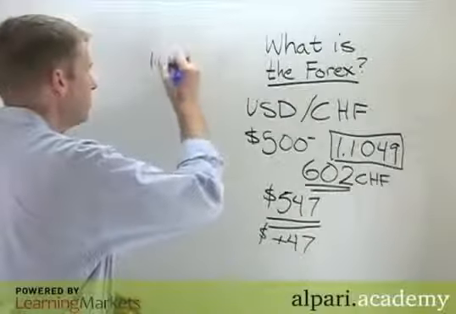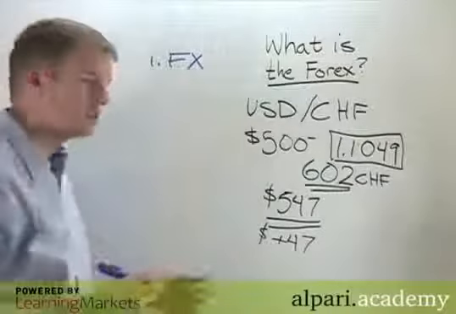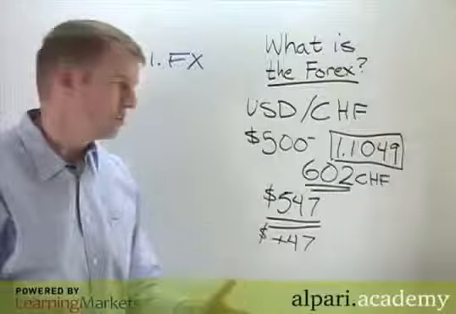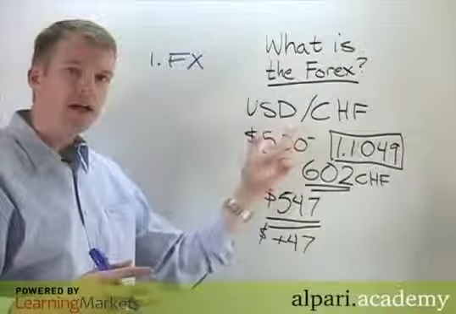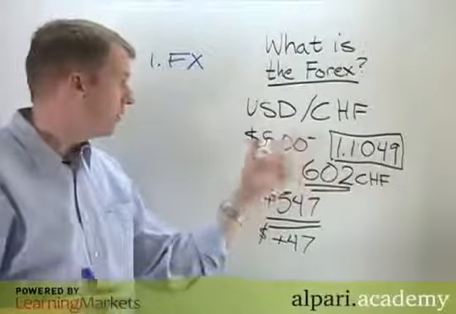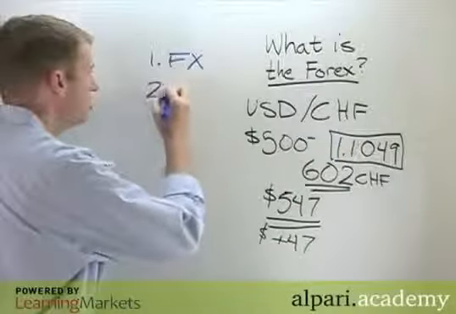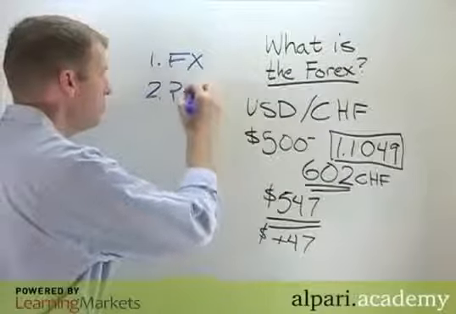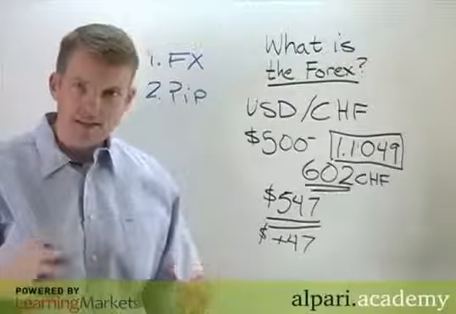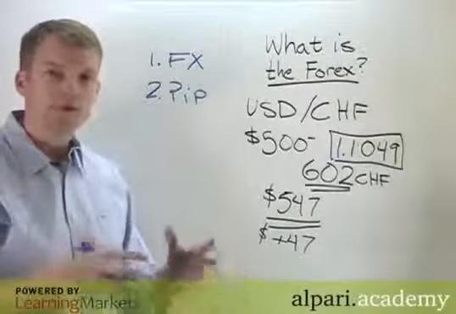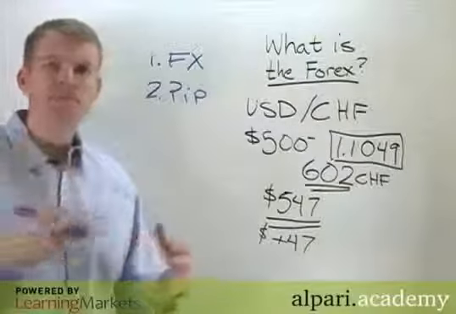The first of which is what is FX, or foreign exchange, or Forex? It all refers to trading one currency relative to another. And in the case study, we looked at the dollar versus the franc. Number two is you need to understand what a pip is. So in the foreign exchange, we always talk about, well, are you up or down pips, and how much is a pip worth?